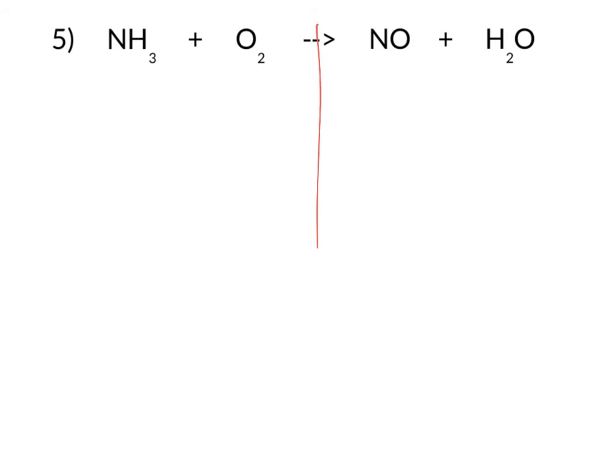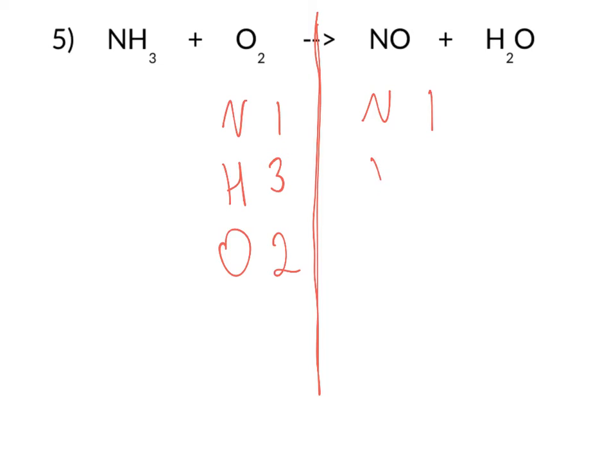Okay, so let's count everything on each side. So we have nitrogens 1, hydrogens 3, oxygens 2, nitrogens 1, hydrogens 2, oxygens 2.